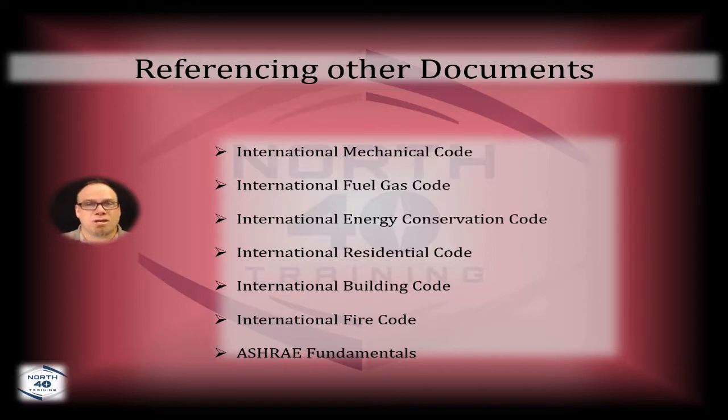Let me give you an example. One of the hot topics for the last decade has been flexible gas line, CSST. If you go to Chapter 3 in the International Mechanical Code, it's going to tell you that there's basically been an across-the-table handshake when it comes to fuel gas code, and running fuel gas piping or natural gas pipe.